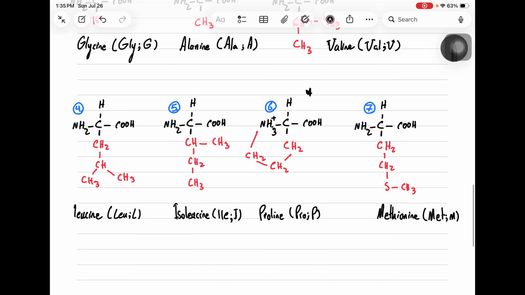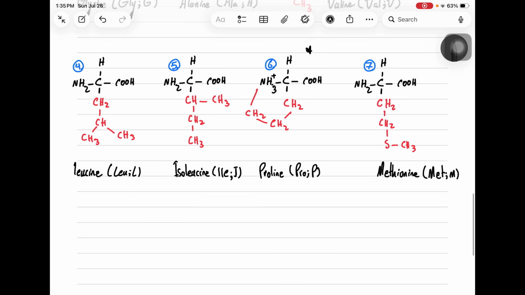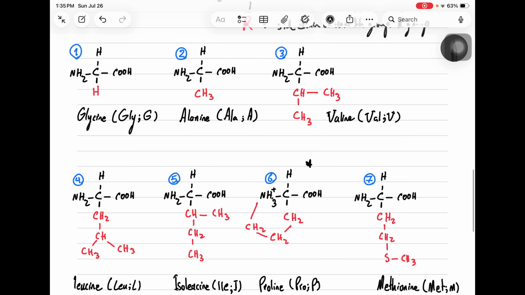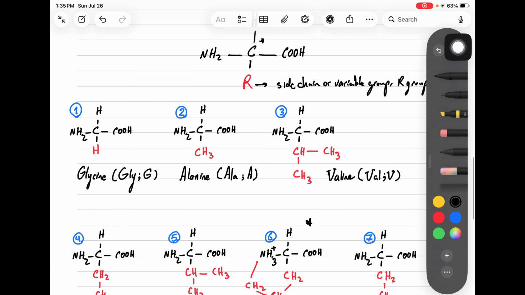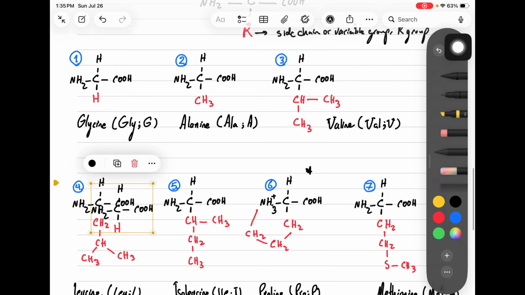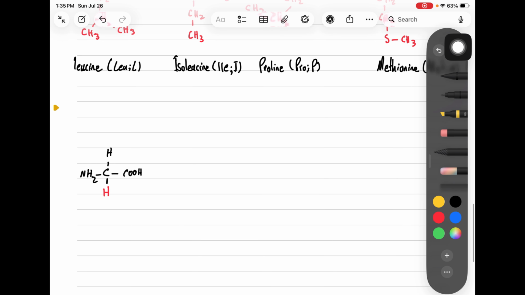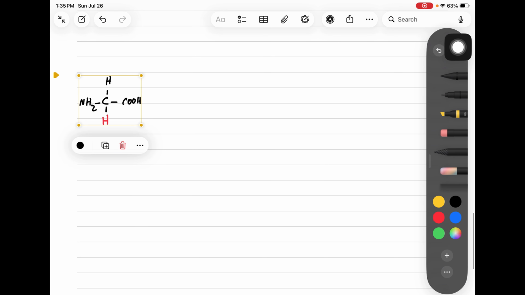Then we're going to talk about the aromatic amino acids. The aromatic amino acids are phenylalanine. As we said before, they have the same structure except for their side chain. So phenylalanine, the first aromatic that we're going to talk about, looks something like this.